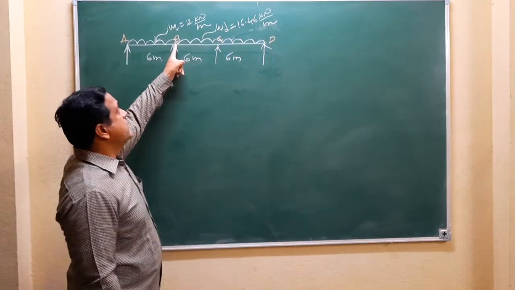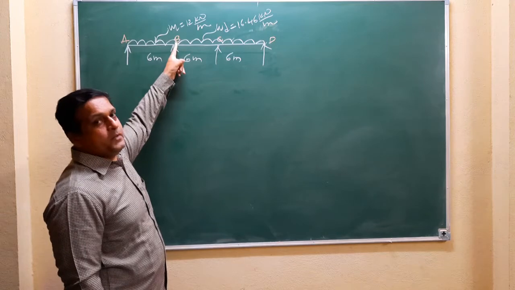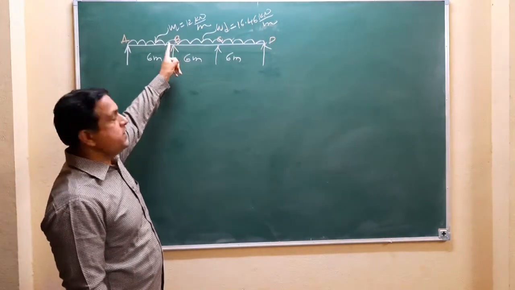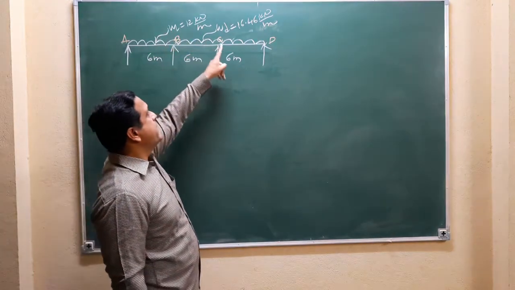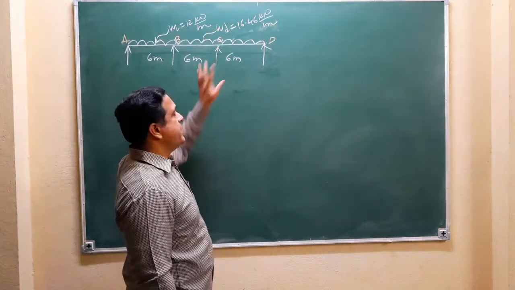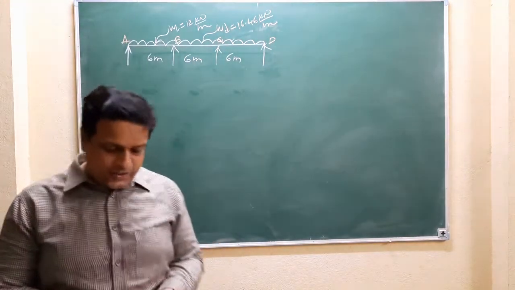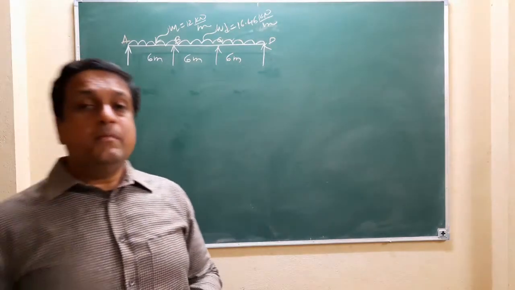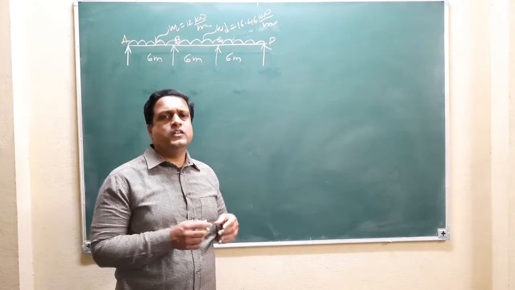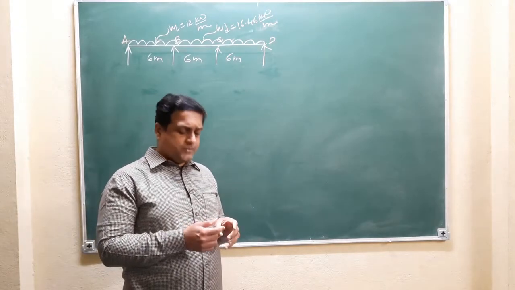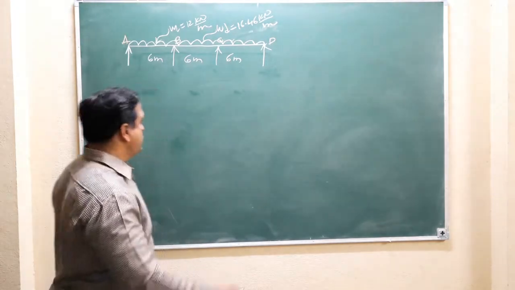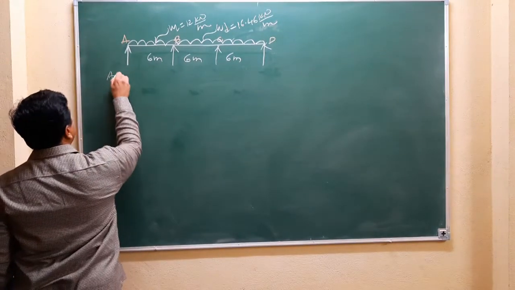Now you have to find the bending moment next to end support B. If you find that, you simultaneously get the bending moment at support C, because the loading condition and span are the same. The beam has 3 spans with equal loading, so you have to use the analysis method of the IS code. So first is the analysis of the beam.